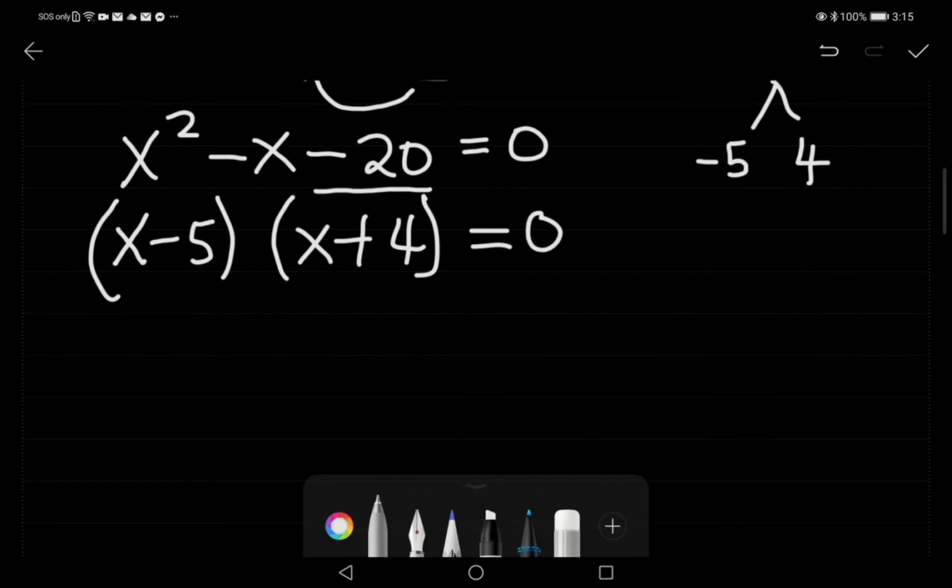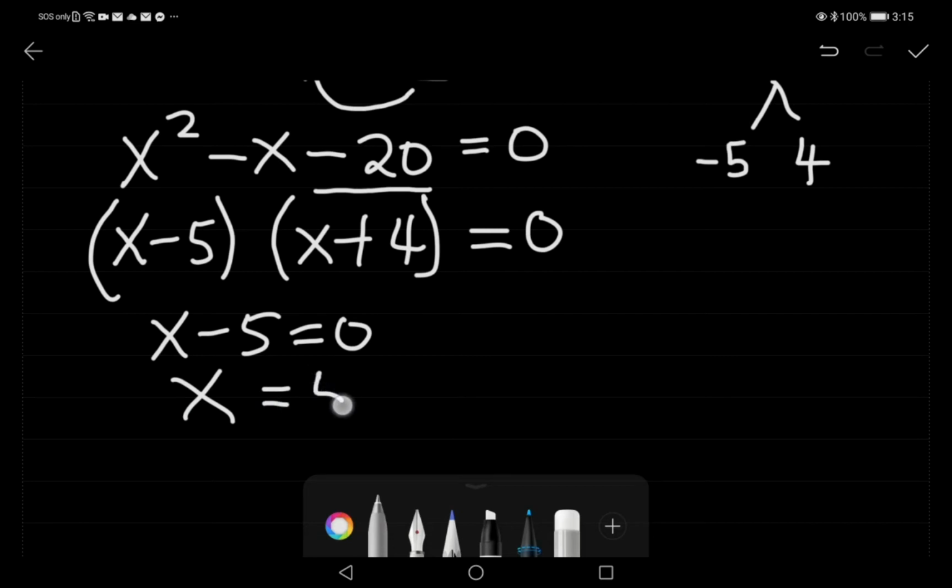And using the zero product property, if we set x minus 5 equal to 0, then x is positive 5. Kaya ito nang gibalhin ang negative 5 sa right side, mahimo siyang positive.